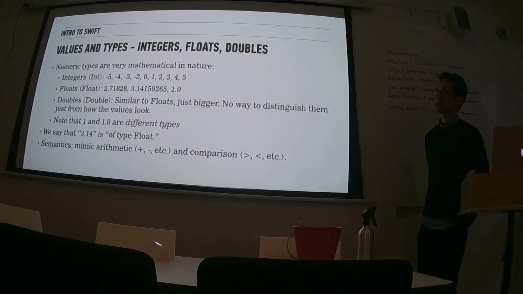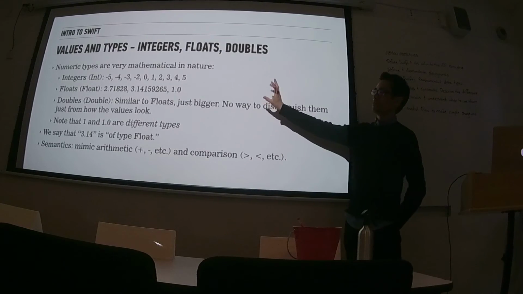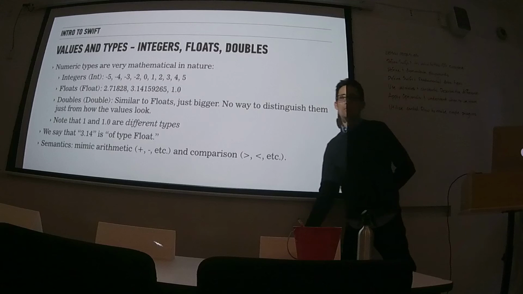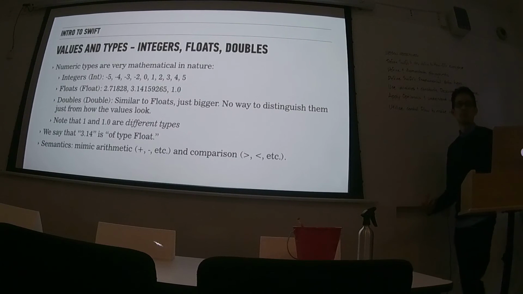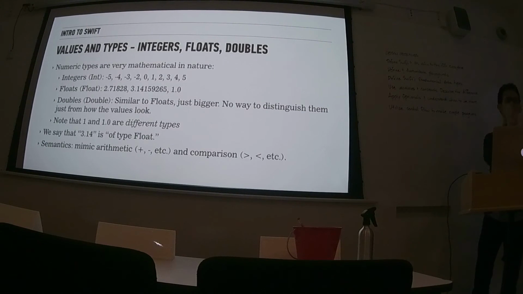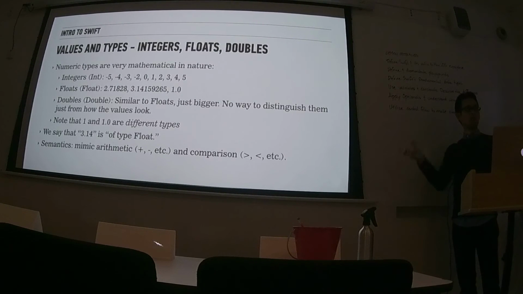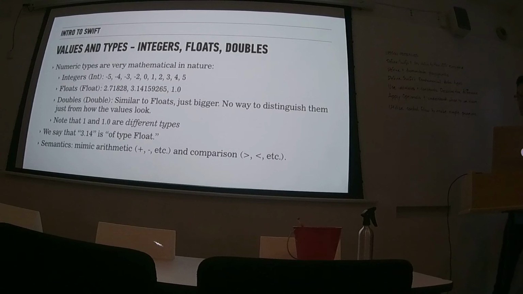So by default, all decimal numbers that we write will be doubles by default. So what that means is it's essentially twice as large, potentially twice as large as a floating point number. It can hold many more numbers in memory than a floating point number.